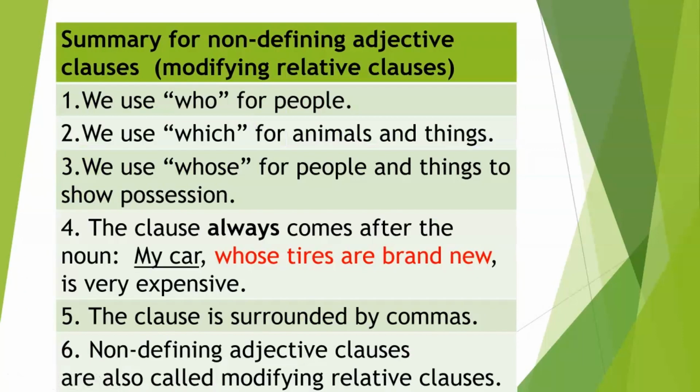So here's a quick summary. This is a summary for non-defining adjective clauses, also called modifying relative clauses. Point number 1, we use who for people, which for things, and whose for people and things to show possession.